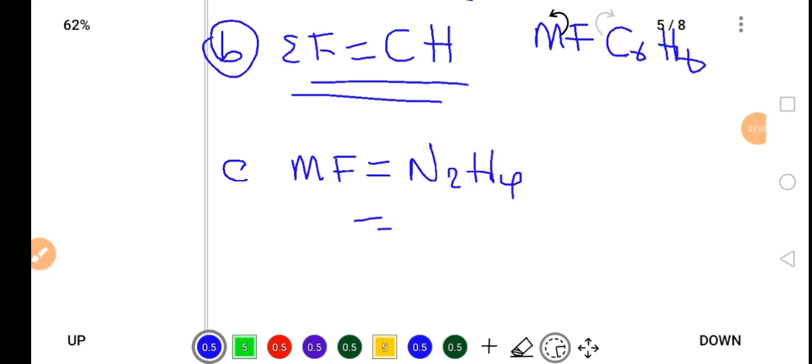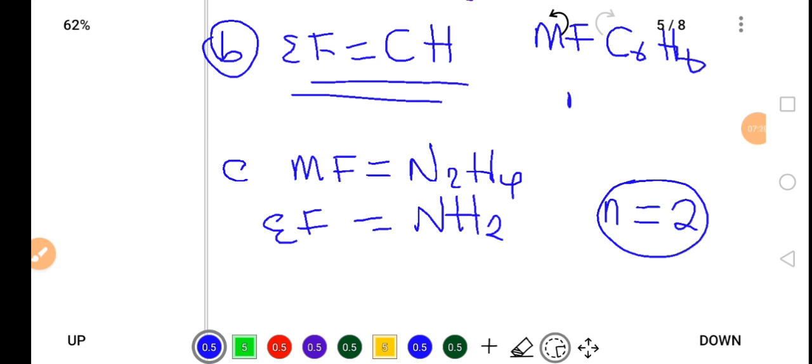So the empirical formula is going to be NH2, where the value of n becomes 2 as well here. Here the value of n is 6 in B.